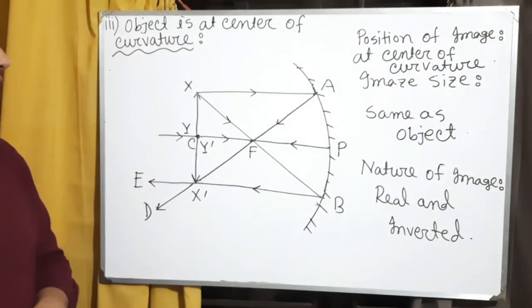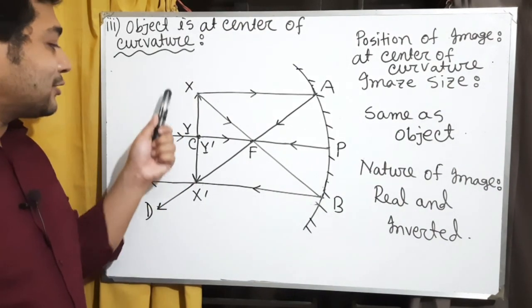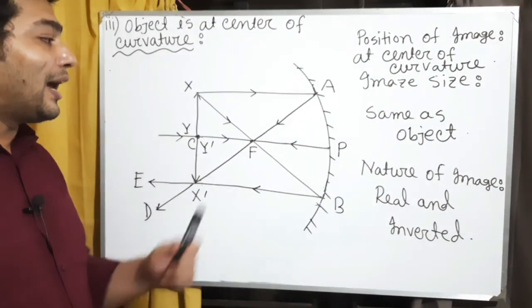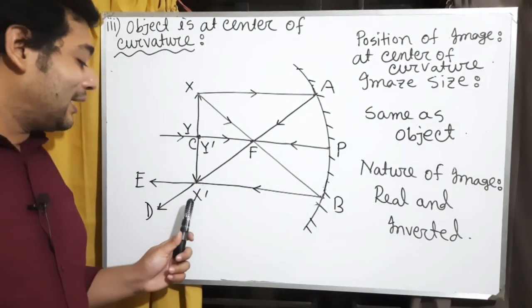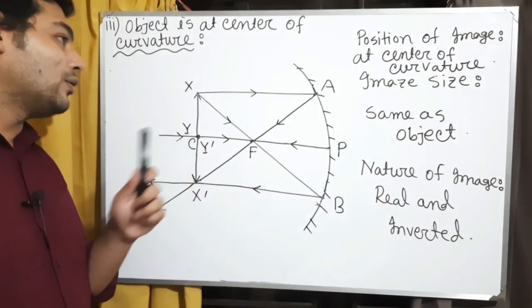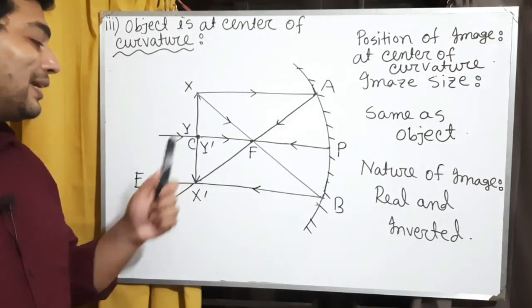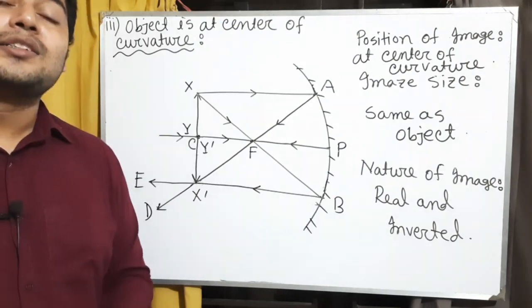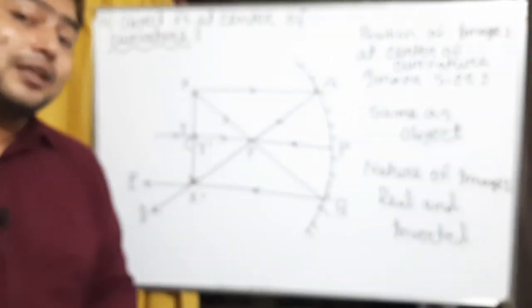Here you see that XY is our object, and after reflection we get image X prime Y prime, which is also situated at point C, the center of curvature.